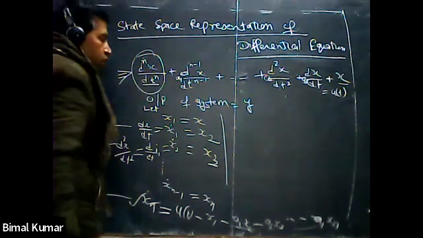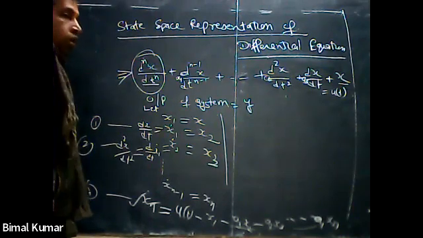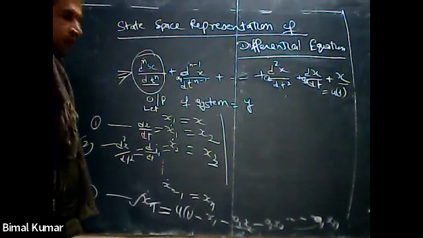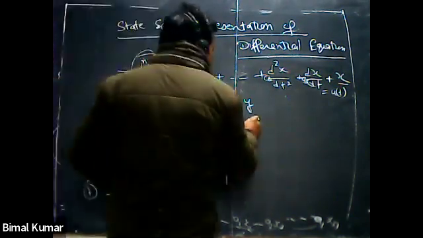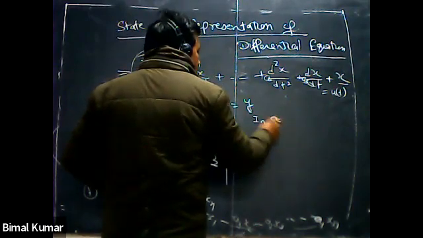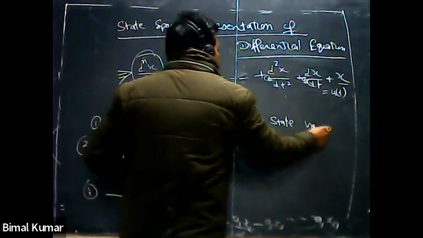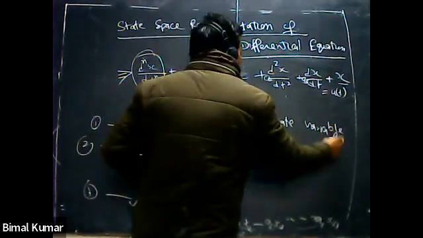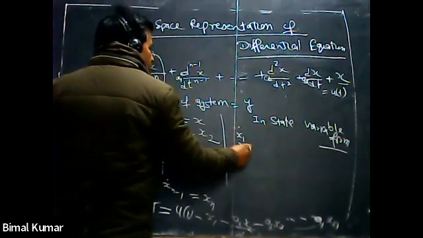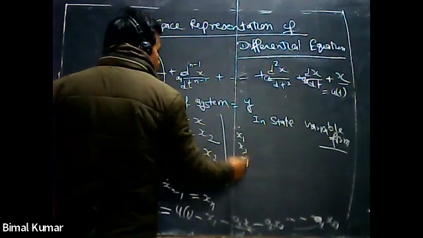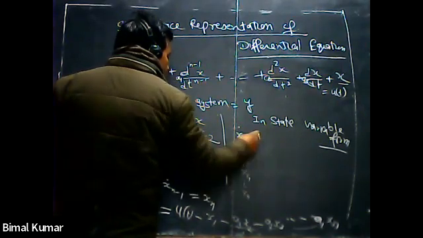So these equations will be represented in terms of matrices, right? So here this will be in state variable form. This will be x1 dot, x2 dot, x3 dot, x4 dot, and so on up to xn dot.